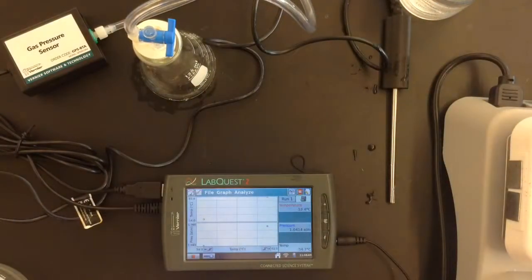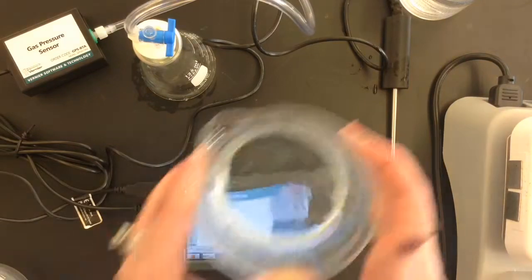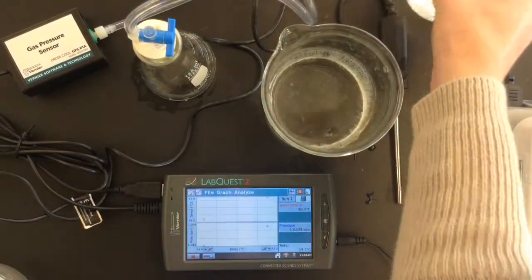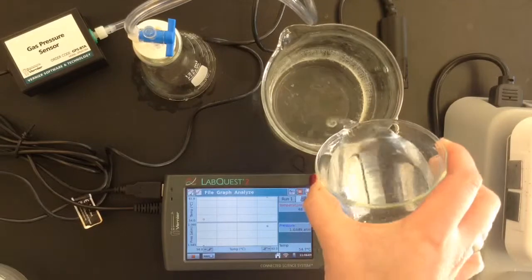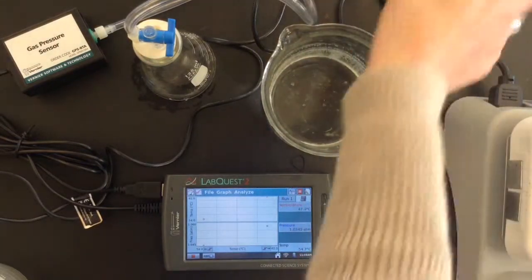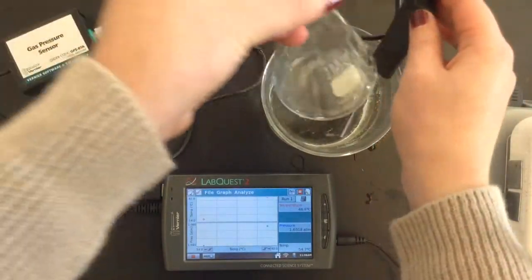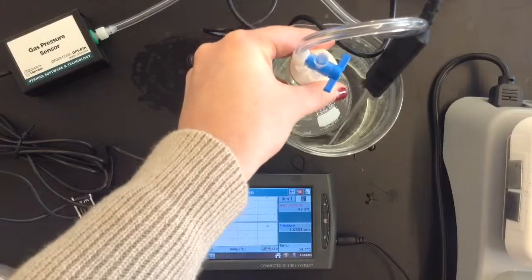So I'm going to pour out some hot water. Add in some cold water. Temperature probe back in, Erlenmeyer flask back in.